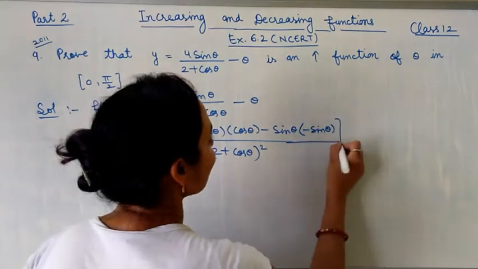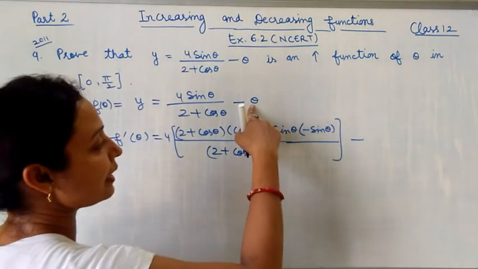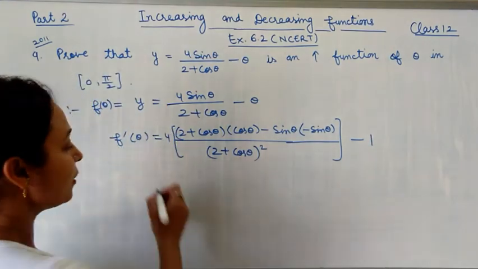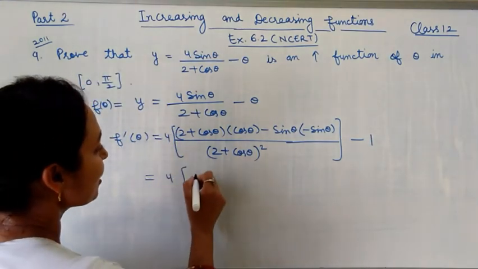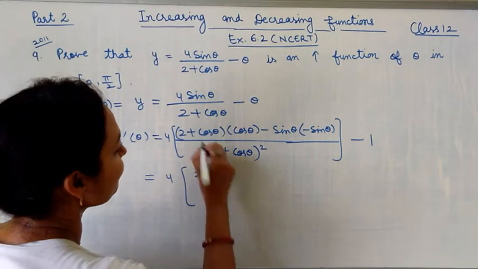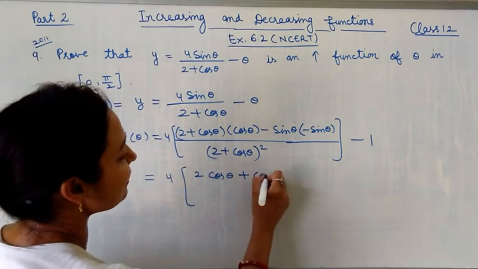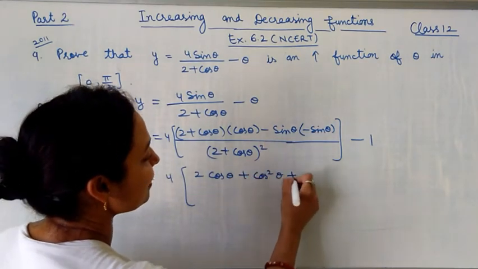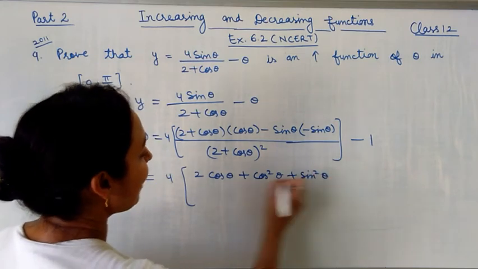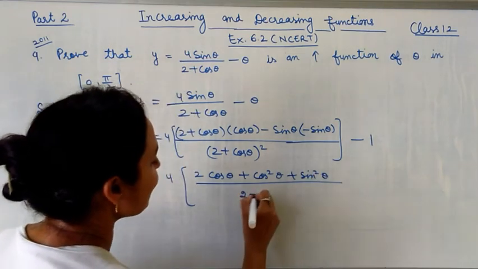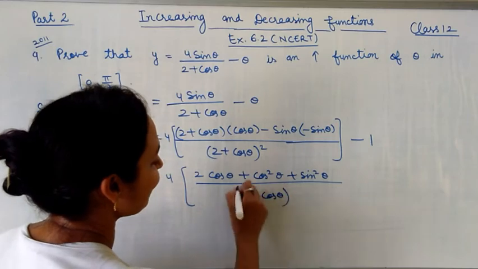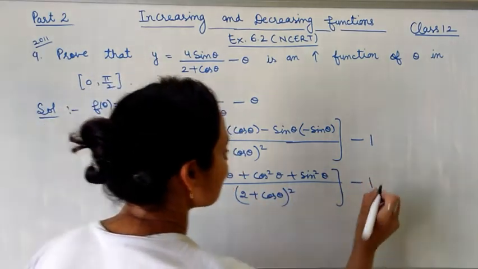Now close the bracket, minus the derivative of theta, which is 1. Now I will simplify it: 2 cos theta plus cos square theta, then plus sin square theta, upon 2 plus cos theta whole square. Close the bracket, minus 1.